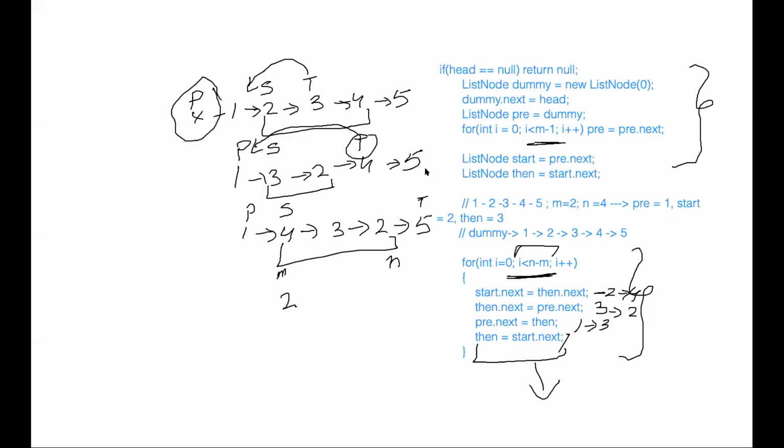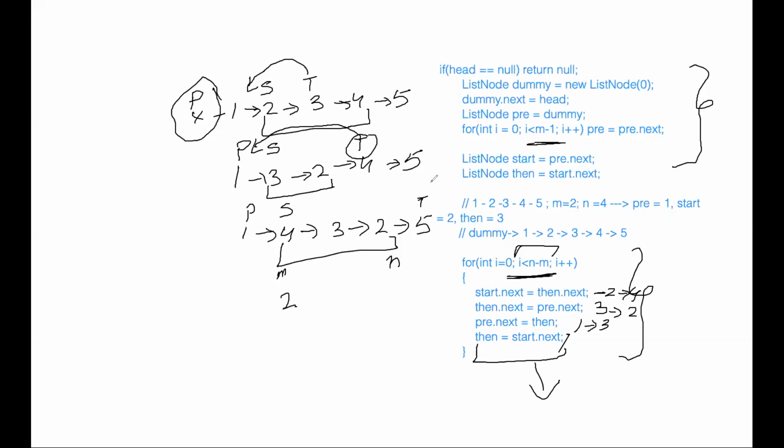I have another approach. It's similar to yours, Raghav. But what I do is I create a reverse linked list function. It reverses from the head to a certain index.